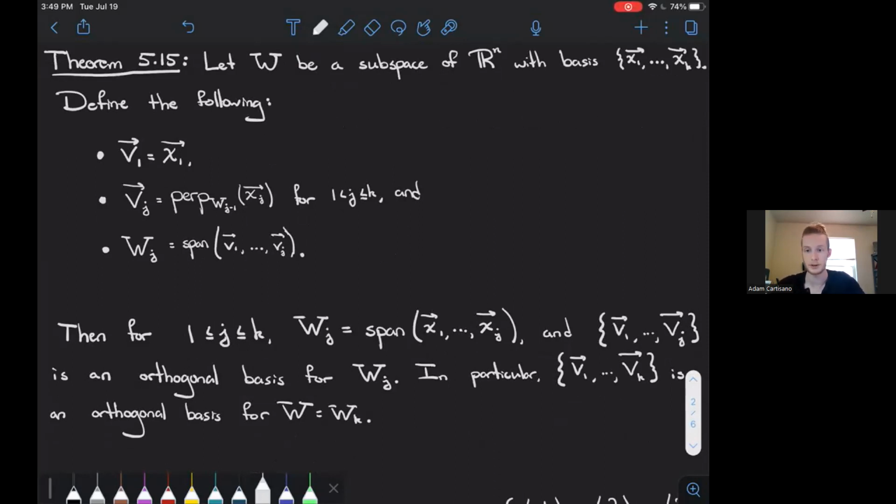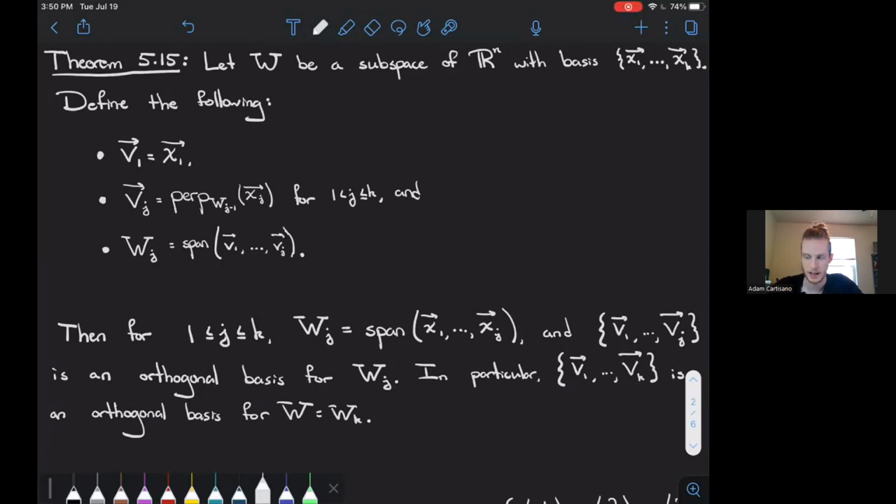They span the same subspace, and the new set of vectors we're using to span that subspace is an orthogonal basis for Wj. The reason we care about that is that once you get to the very end, you've now got k vectors, v1 up through vk, which form an orthogonal basis for the original subspace W, which is the same as Wk. Pretty gnarly.